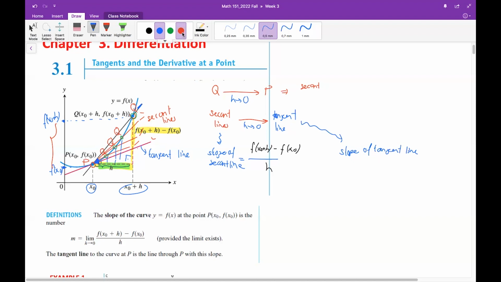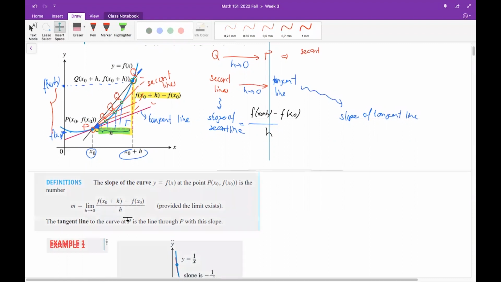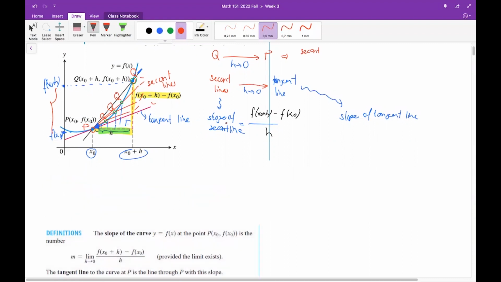That's why all you need to do is to put a limit as h goes to 0 in front of this quotient, right? So I can express it like this. Let's take the limit of both sides as h goes to 0. Limit as h goes to 0. So the limit of the slope of the secant line.